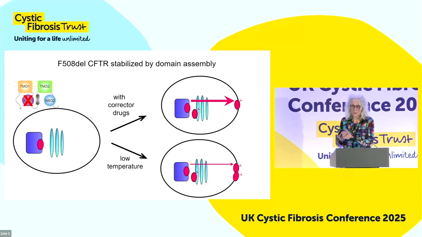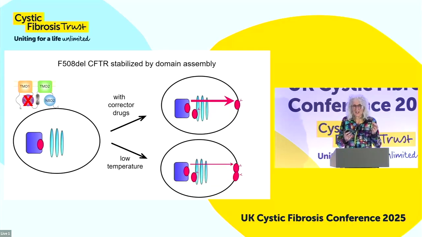So on the top you see with the corrector drugs, there's more domain assembly, there's more export from the endoplasmic reticulum to the cell surface, and so you get more function. And if you don't get more function, you need a potentiator. But at low temperature, there's a very different story because there's only a trickle of F508del leaving the endoplasmic reticulum at low temperature.